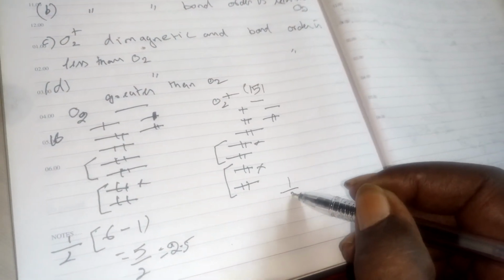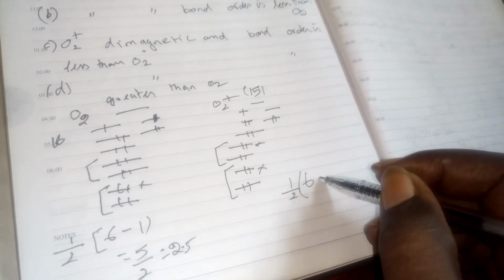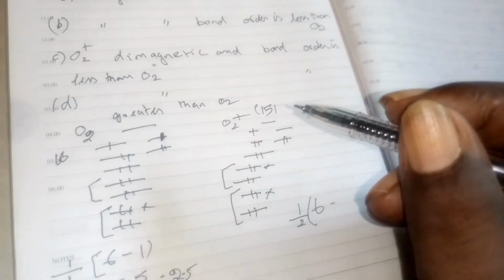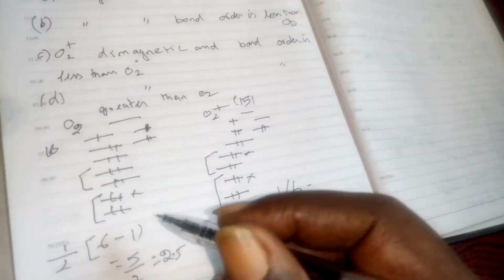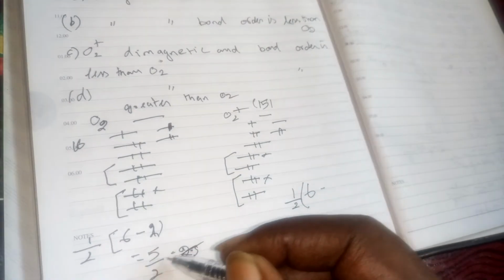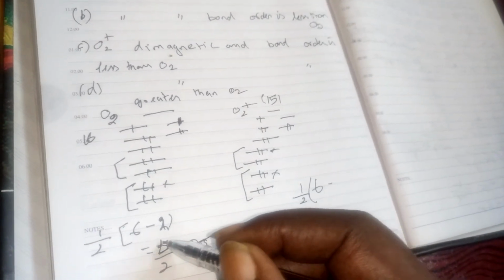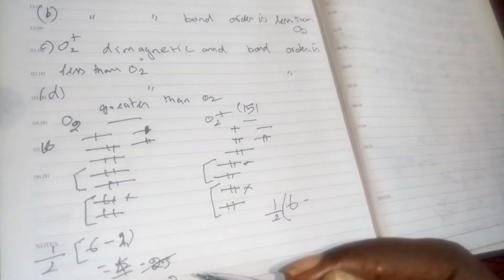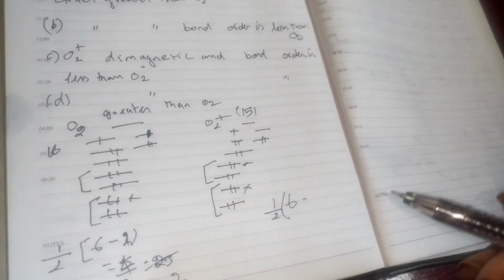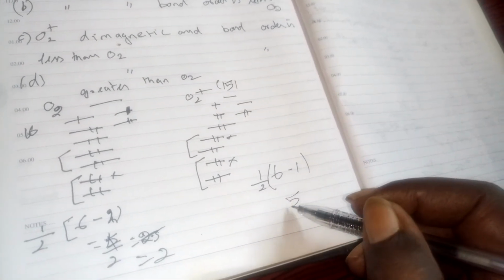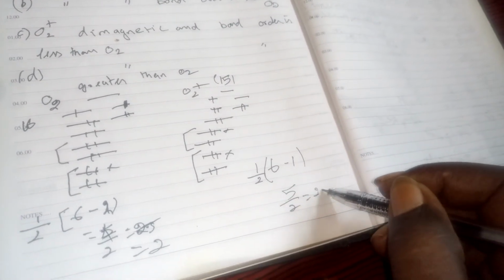Bonding is 6, anti-bonding is 2, sorry. Then 4 by 2, here the answer is 2. So O2 has two bonds. Now for O2 plus, 6 minus 1, then 5 by 2, that is 2.5.